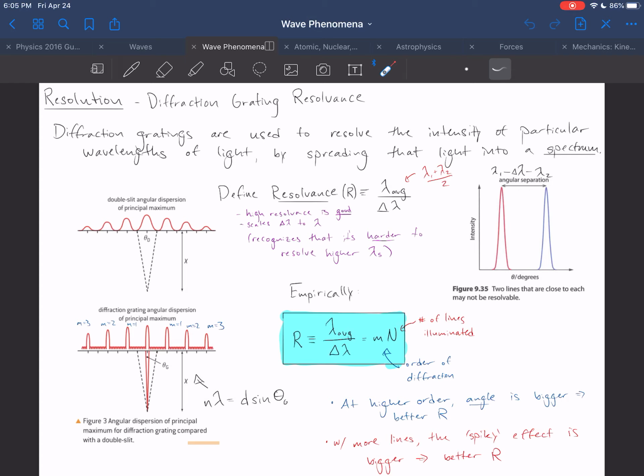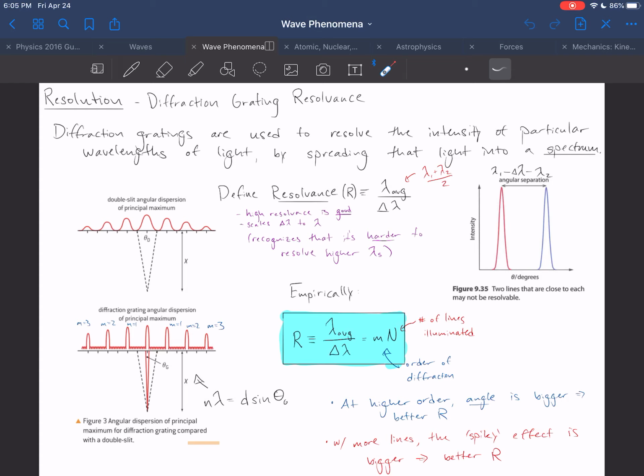So delta lambda is the difference between the two wavelengths, and then lambda average is roughly where those wavelengths are. So this recognizes the fact that delta lambda, the difference between those two wavelengths, is not quite sufficient to characterize whether you can resolve things.